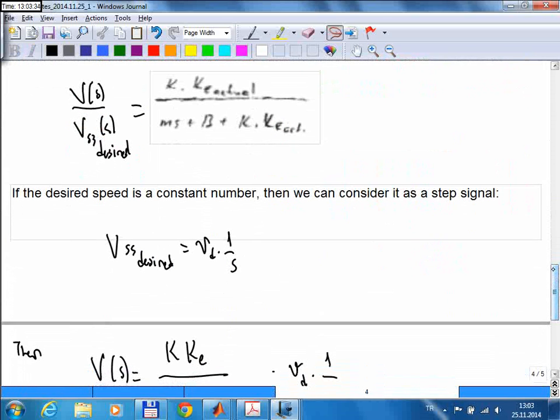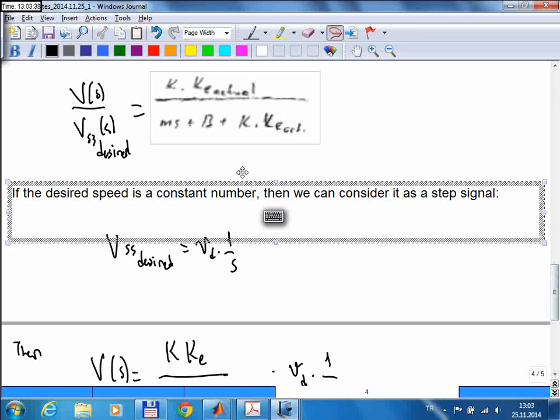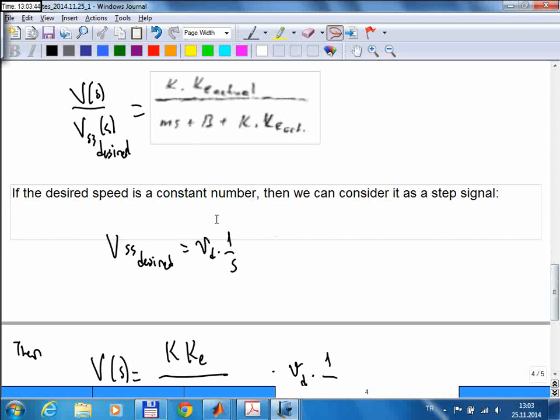To see that, let's assume that the desired speed is a constant number, which is very reasonable. So the car is at rest, and then we set the target speed to some constant number, and let that constant number be Vd.